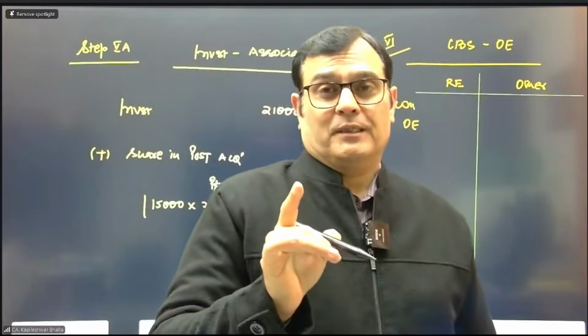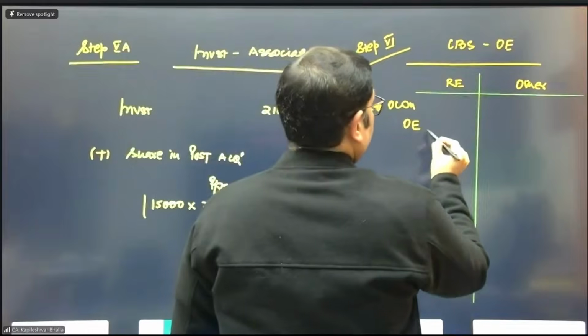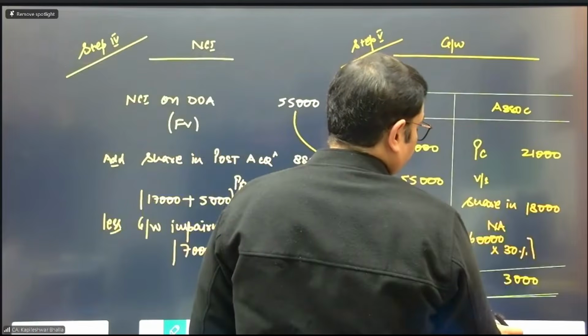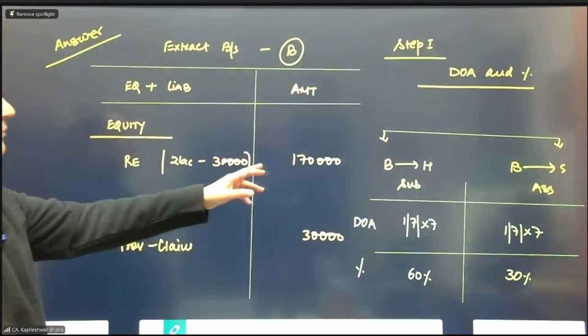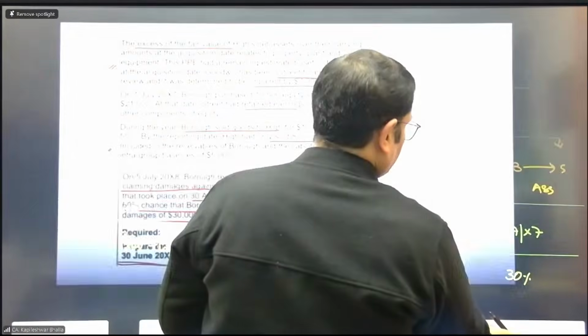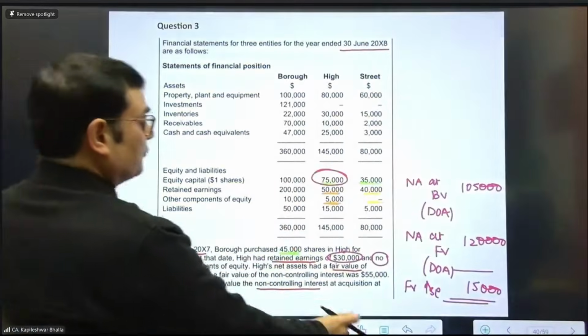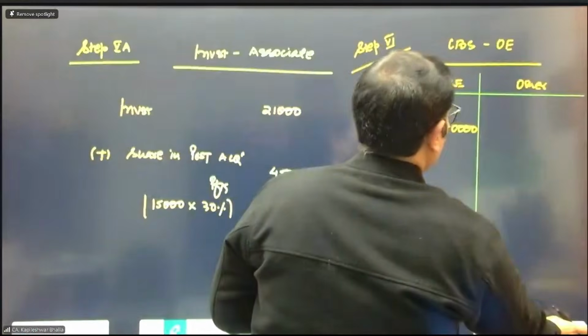Extract balance sheet, because you've already made an extract balance sheet. So you're going to pick this from the extract balance sheet. This is 170, if I rightly remember. So this is picked up from the extract balance sheet. Retained earnings is 170. And what about the other components? That's 10,000. The other components are supposed to be 10,000.